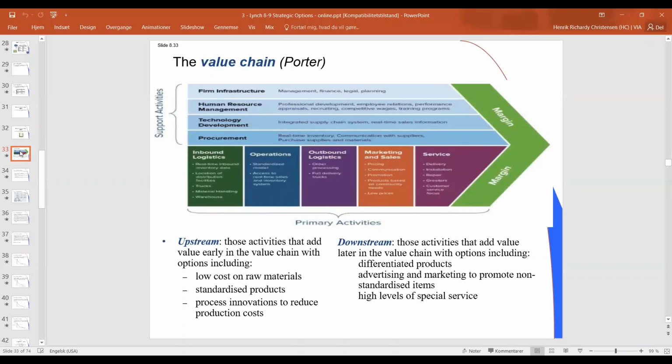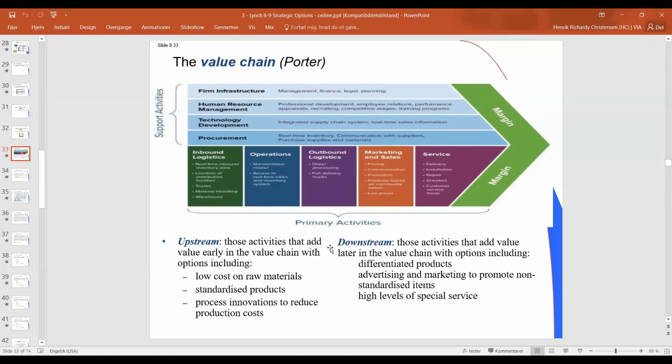We know this and we've seen it before, but what Porter suggests is using the value chain for developing strategy with a more overall approach, asking: are we really good at what we call upstream activities, or are we really good at downstream activities?